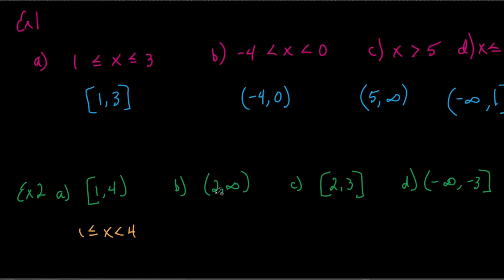Well, this means it's everything from 2 all the way to infinity. So that means it's going to go what? Is that going to be less than or is it going to be greater than? This one right here. 2 starts on the left, right? And it keeps on going to the right. So X must be greater, right? X must be greater than what? 2. Do we put an or equal here?